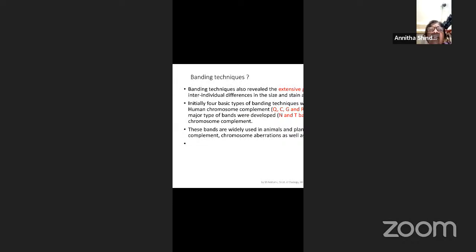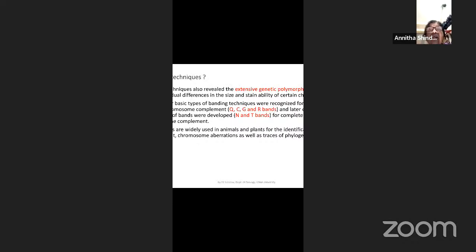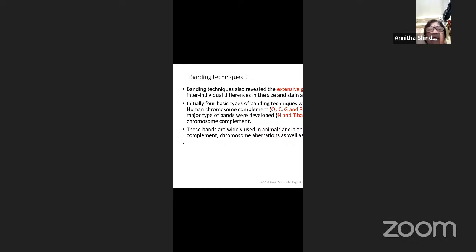Initially, 4 basic types of banding techniques were recognized for the identification of the human chromosome complement. These are the Q, C, G, and R bands. Later, 2 additional types of bands were developed, that is N and T bands, for complete identification of the chromosome complement.